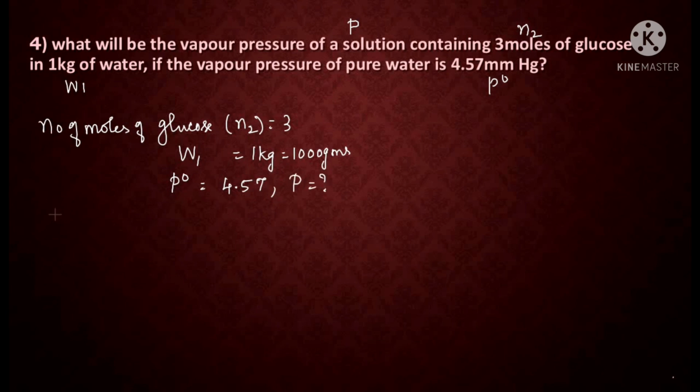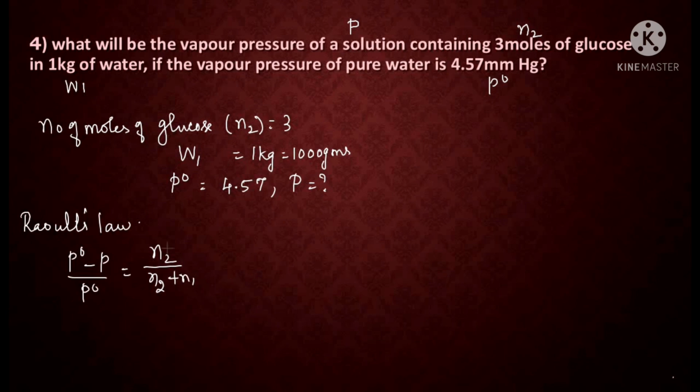So according to Raoult's law, what is the formula? P0 minus P by P0 is equal to N2 divided by N2 plus N1.